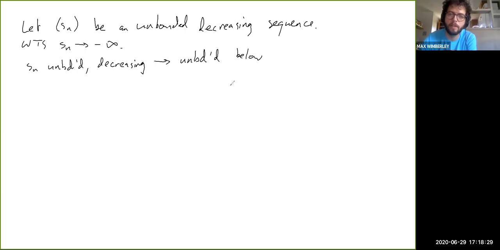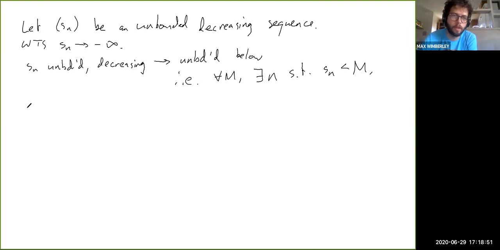Which means that for all m, there exists some n such that Sn is less than m, right?